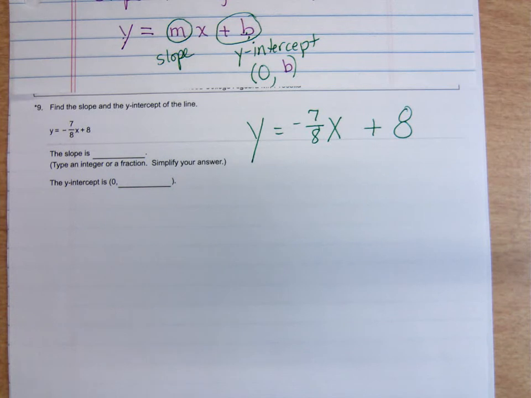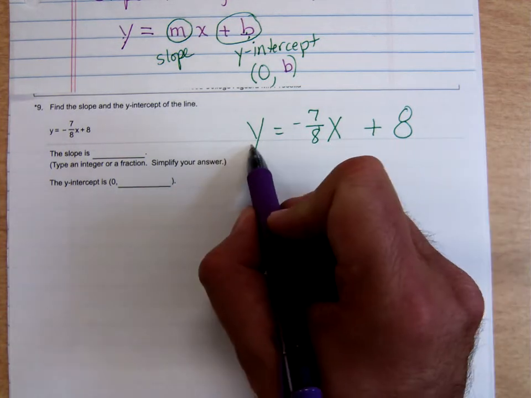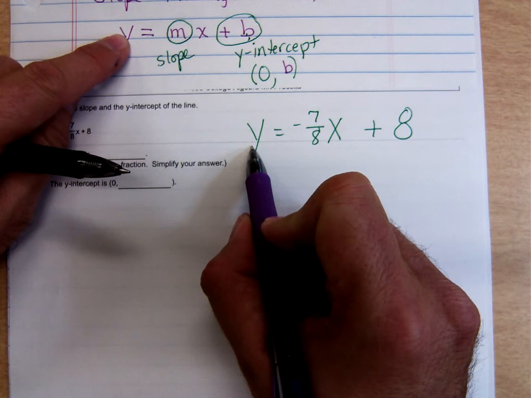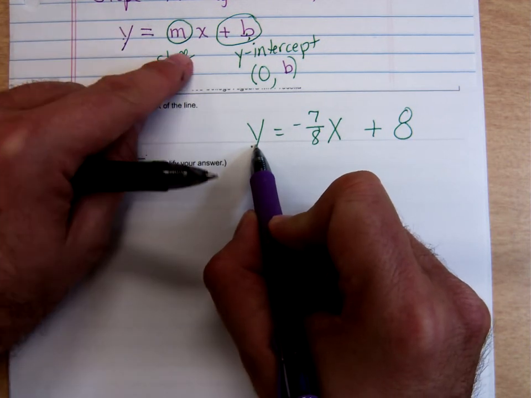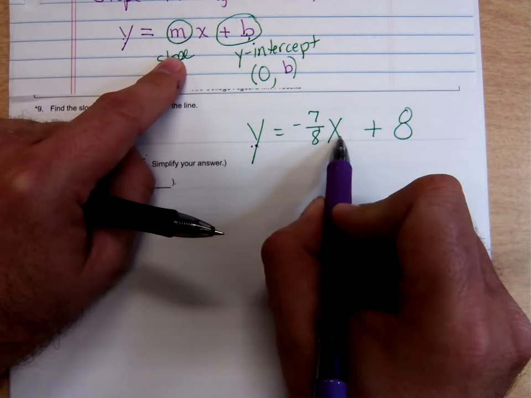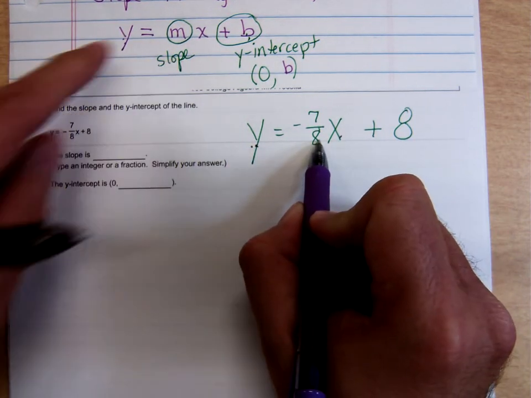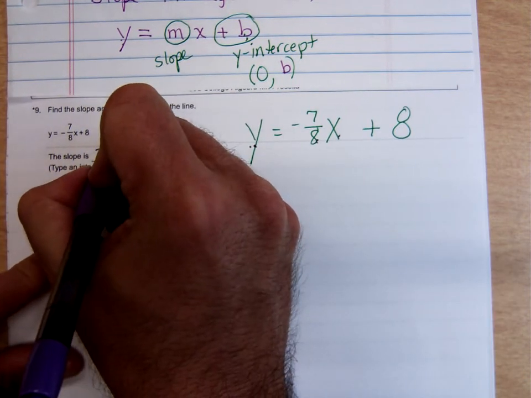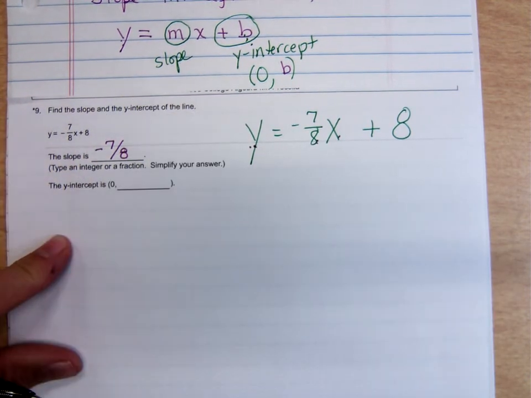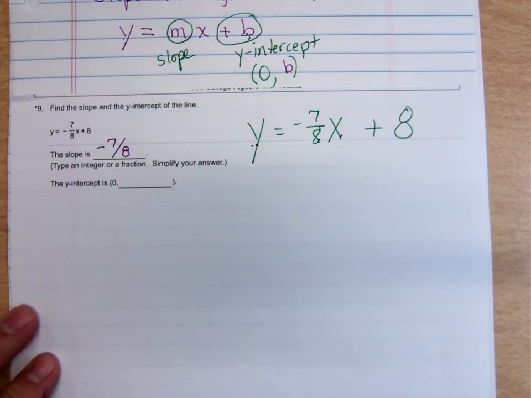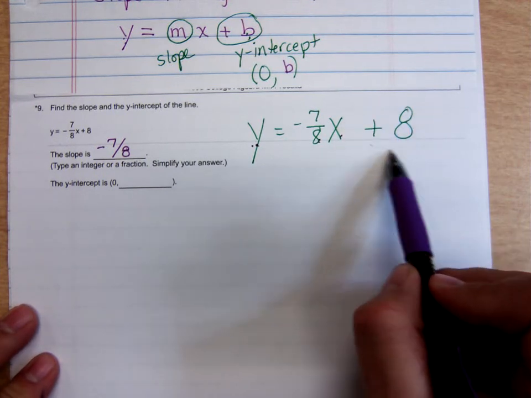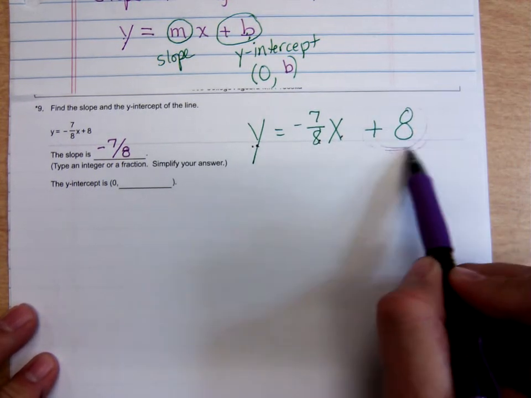If you have the y by itself, that number attached in front of the x, that's the slope. Negative 7/8 is the slope. This number over here is where the graph is crossing the y-axis.